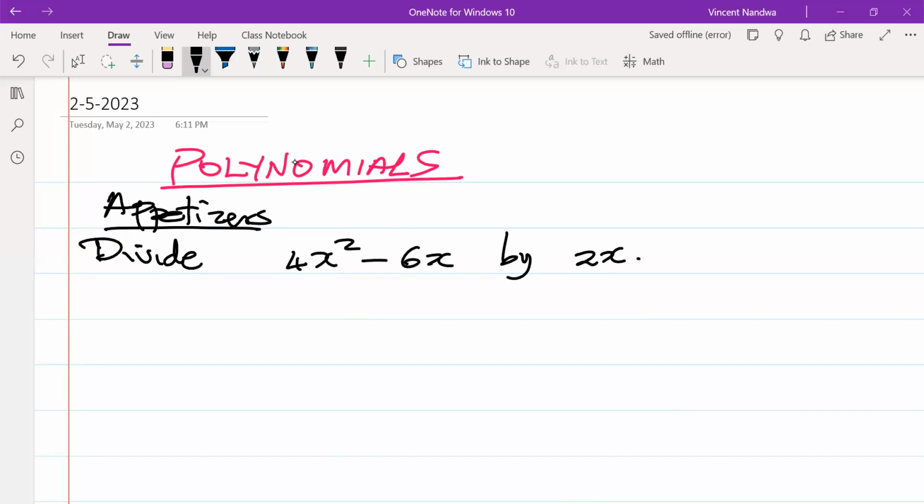Divide 4x squared minus 6x by 2x. George, can we trust you with that question? Are you going to be our hope on this? I hope you also have your calculator with you. Good, that's fine.